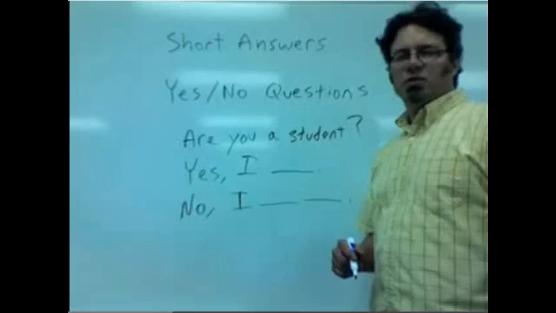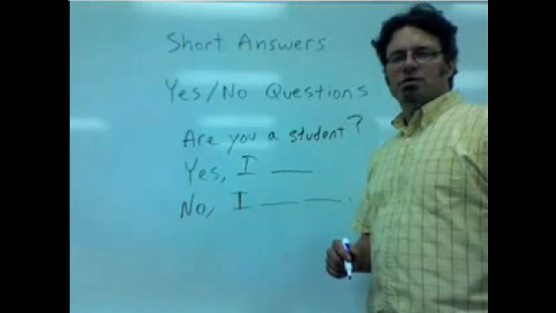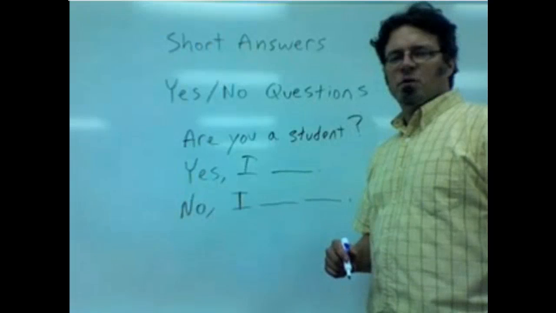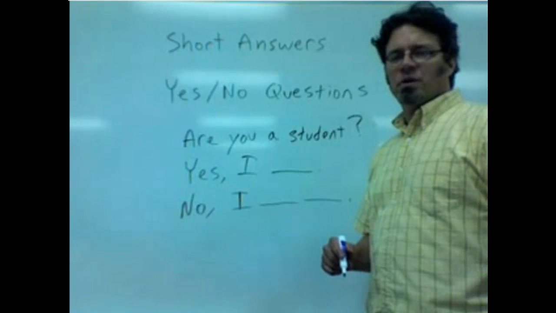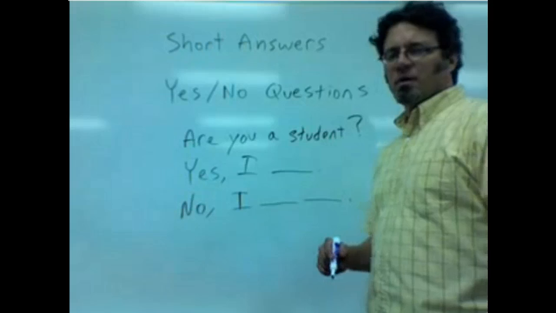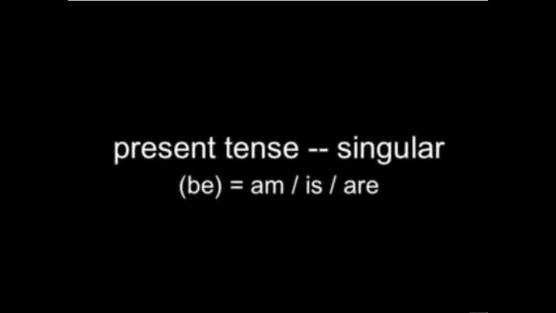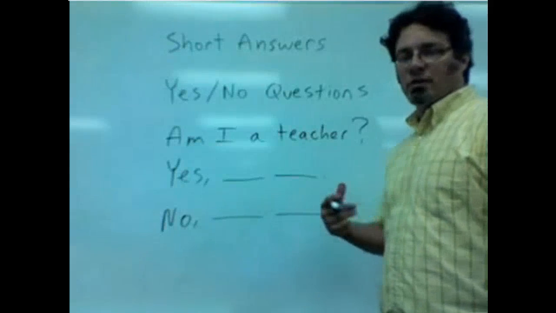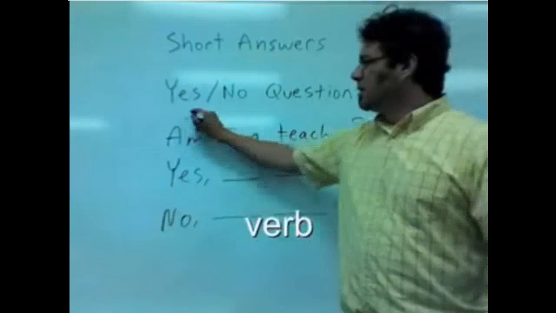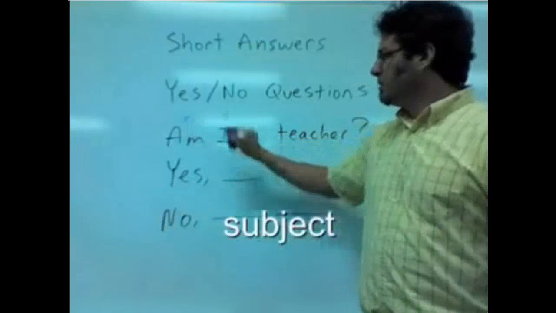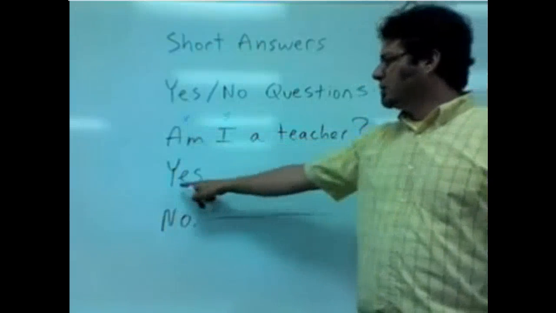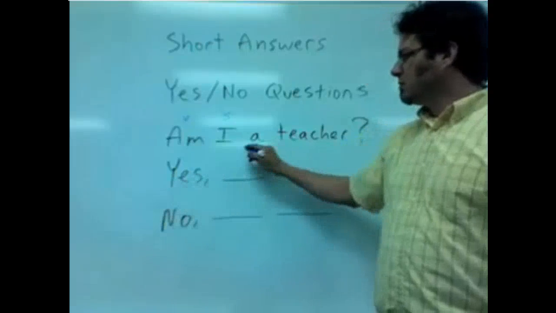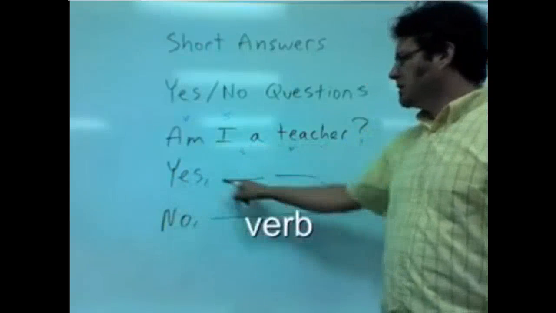In this lesson, we'll look at making short answers for yes or no questions. Am I a teacher? The verb and subject here. Answer, yes. Here's the subject and here's the verb.